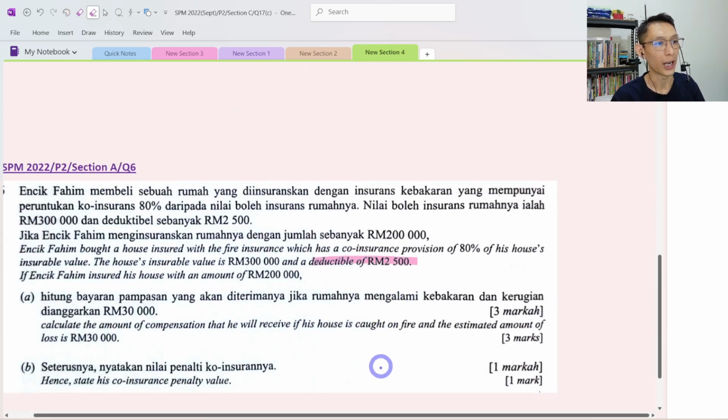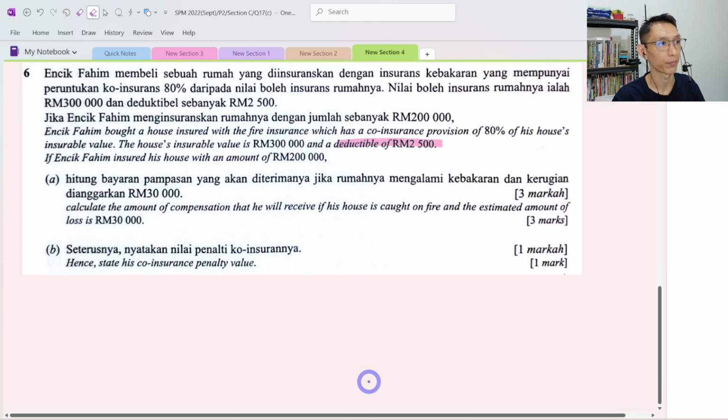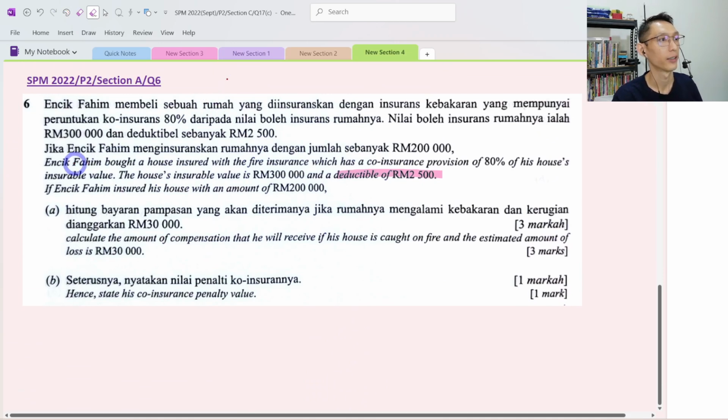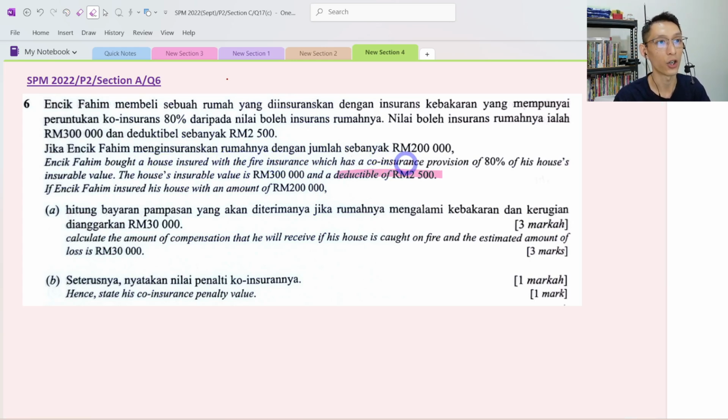Now let's go to house insurance. Injay Fahim bought a house insured with fire insurance, which has a co-insurance provision of 80% of his house insurable value. The house insurable value is 300,000 and there is a deductible of 2,500 ringgit.